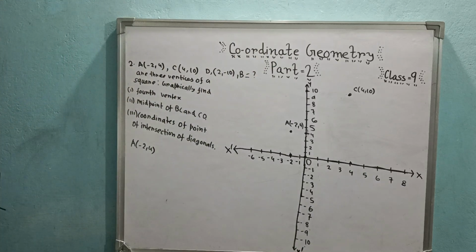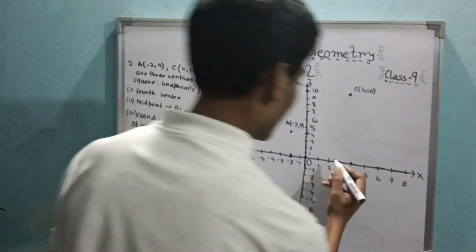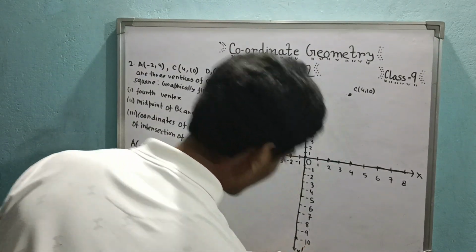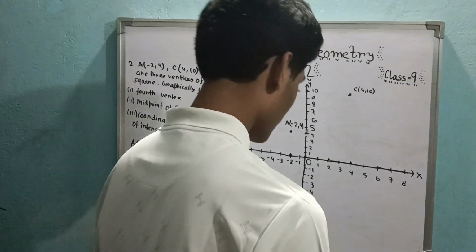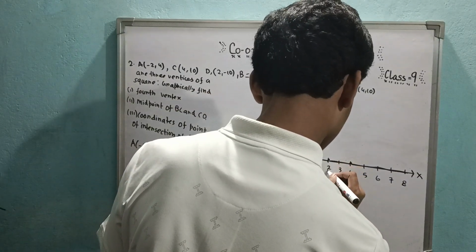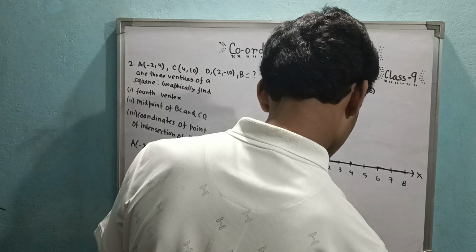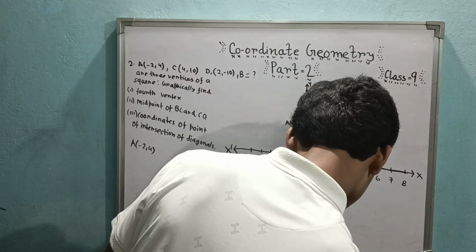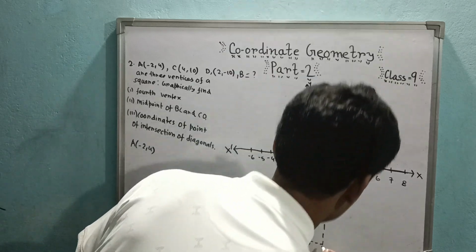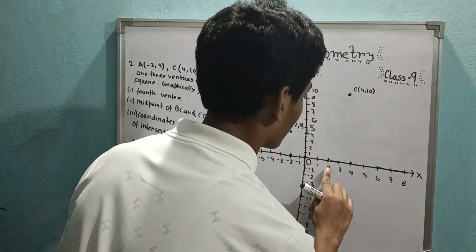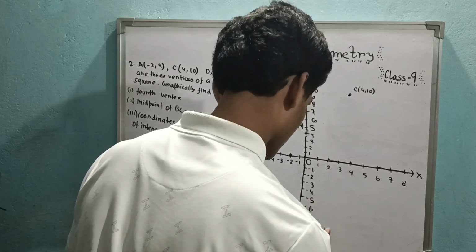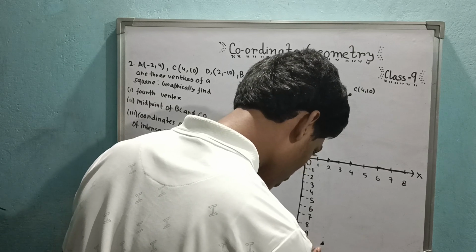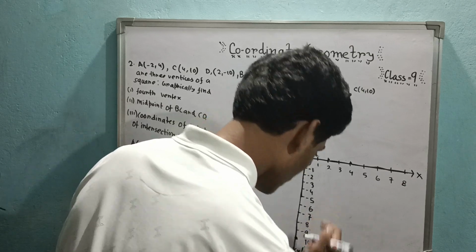Now comes D, 2 comma minus 10: 2 units on the x-axis, minus 10 units on the y-axis. The reason I had to draw such a big graph, intersection here, which I hate to find, this point.